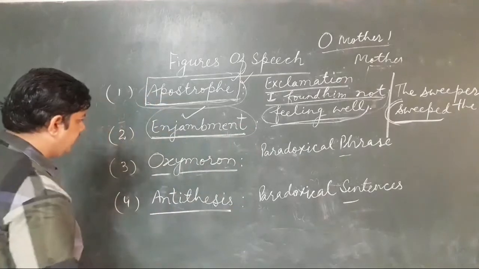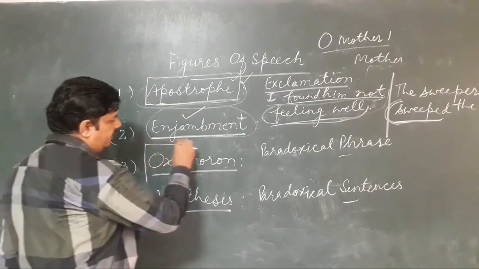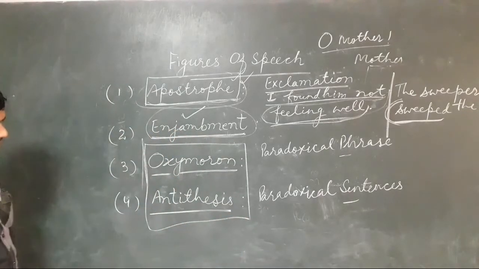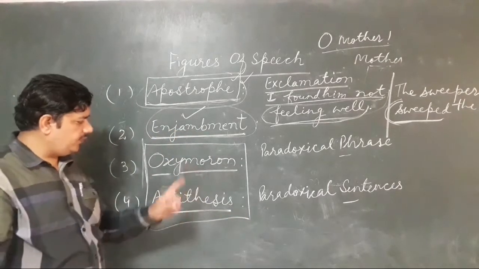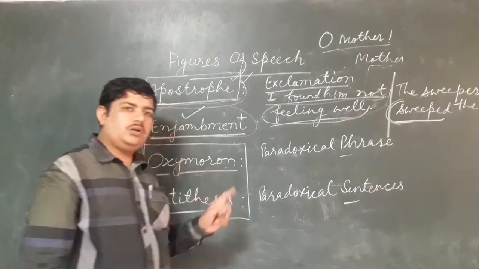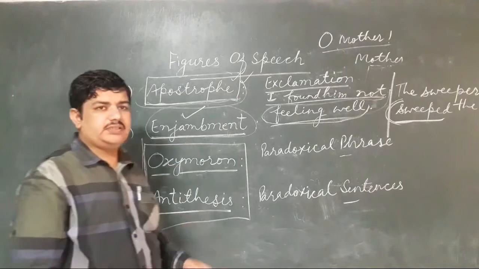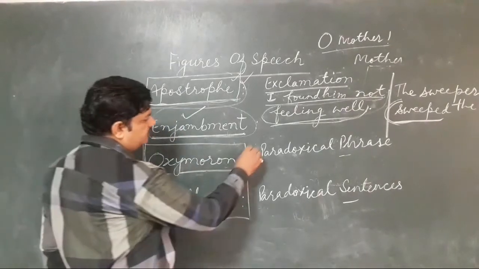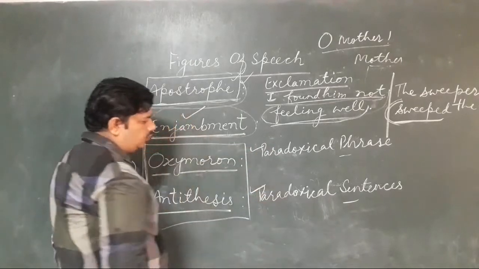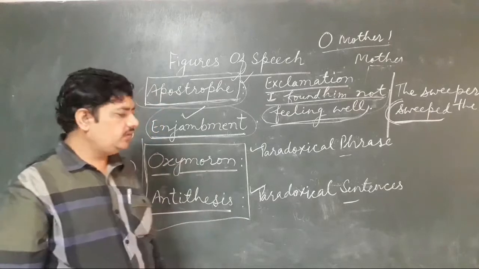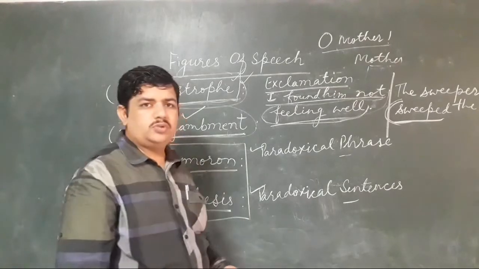Clear? Then this one is very important. Most of the children are confused in these two: oxymoron and antithesis. Basically these are used to create some kind of paradox in poetry and other forms of writing.